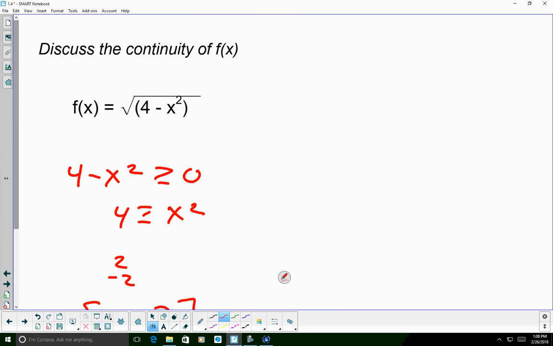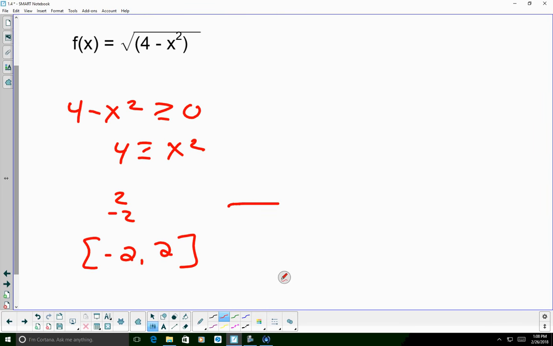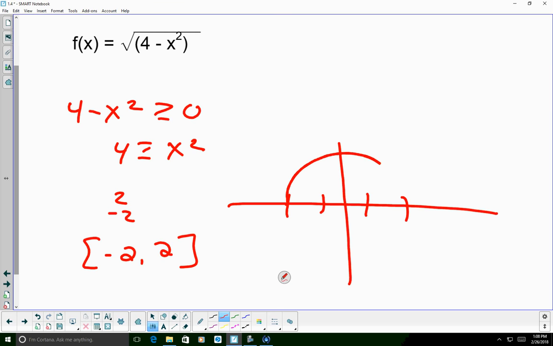And that's what helps me about this. When I look at this graph, I can find the limit as x approaches -2 from the right. I can find the limit as x approaches 2 from the left.